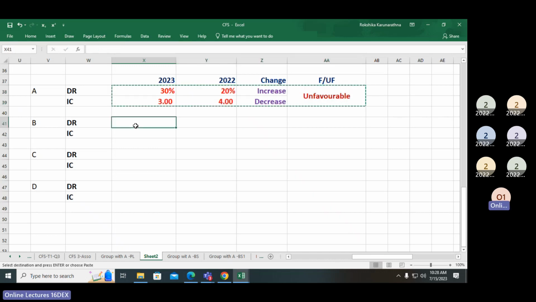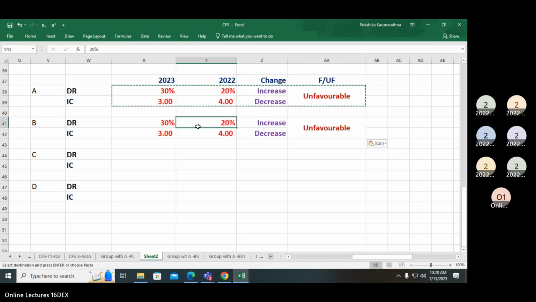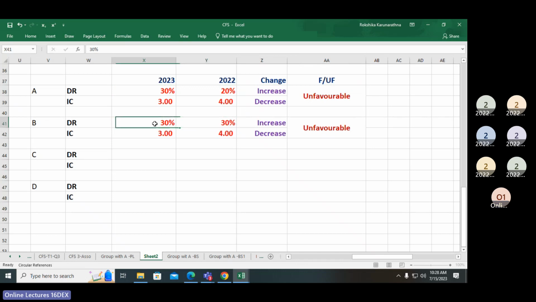දැන් මම ඔක්කොම අනිත් පැත්තට ගන්නවා. Last year 30, this year 20. Decrease. 3, 4. This one increase.